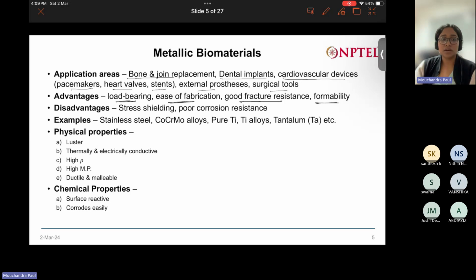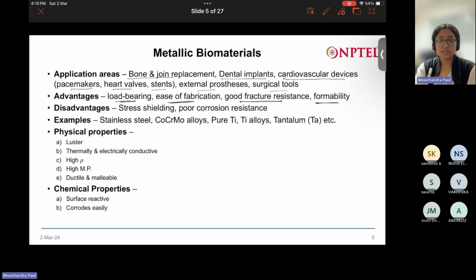Metals have a comparatively very high elastic modulus, so they show the disadvantage of stress shielding. It becomes critical in orthopedic applications where you use a metal implant to replace a fractured bone.